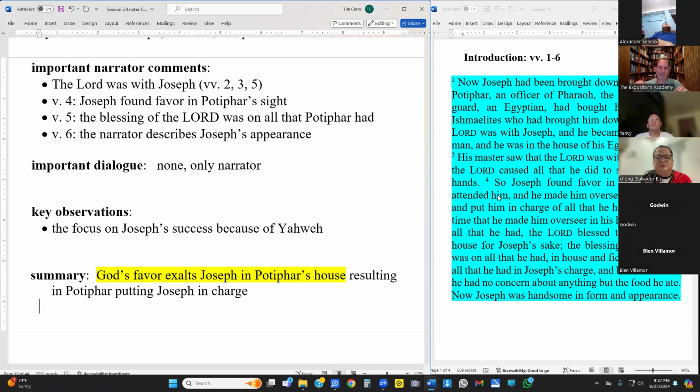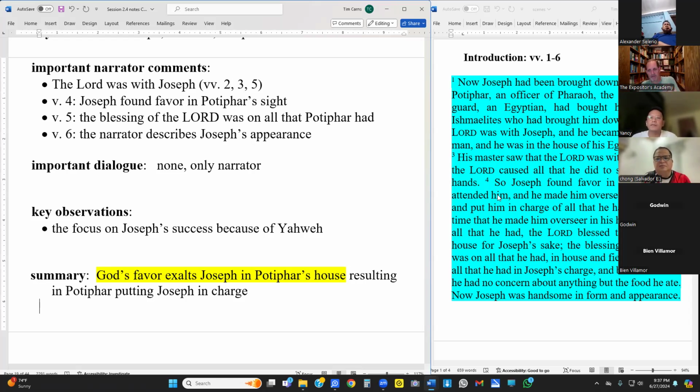The scene analysis is simply breaking down the story itself, as far as what happens, what took place in this story. Well, in this scene, the focus was that God gave Joseph favor in the eyes of Potiphar.